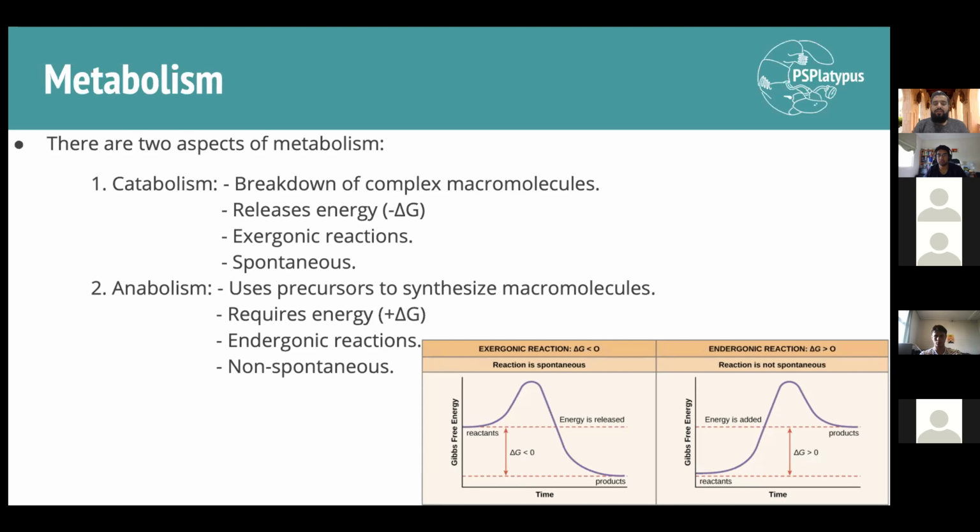Anabolism is the opposite, where it uses precursors or simple molecules to synthesize macromolecules. It requires energy, so it's an endergonic reaction and it's non-spontaneous. You can remember these two terms by catabolism from letter C, cut, and anabolism, A, add.